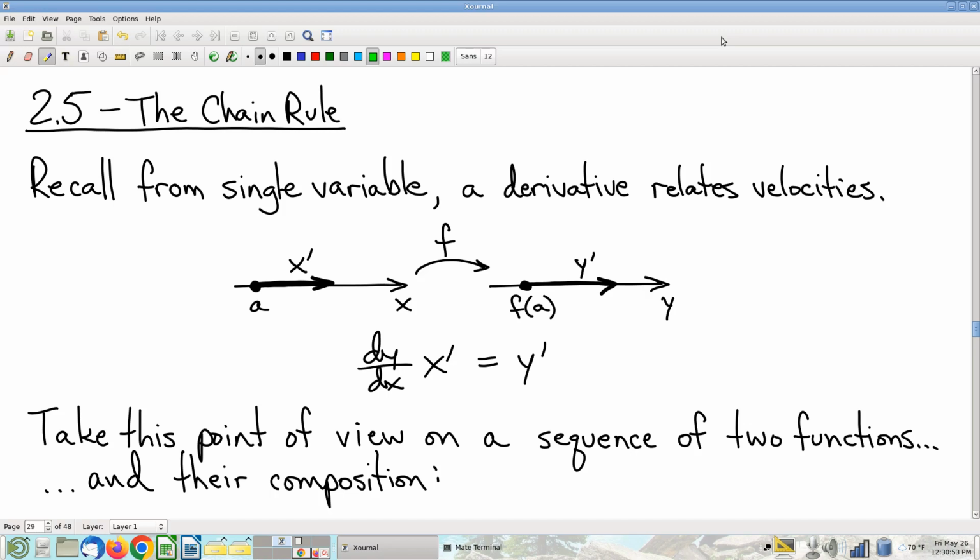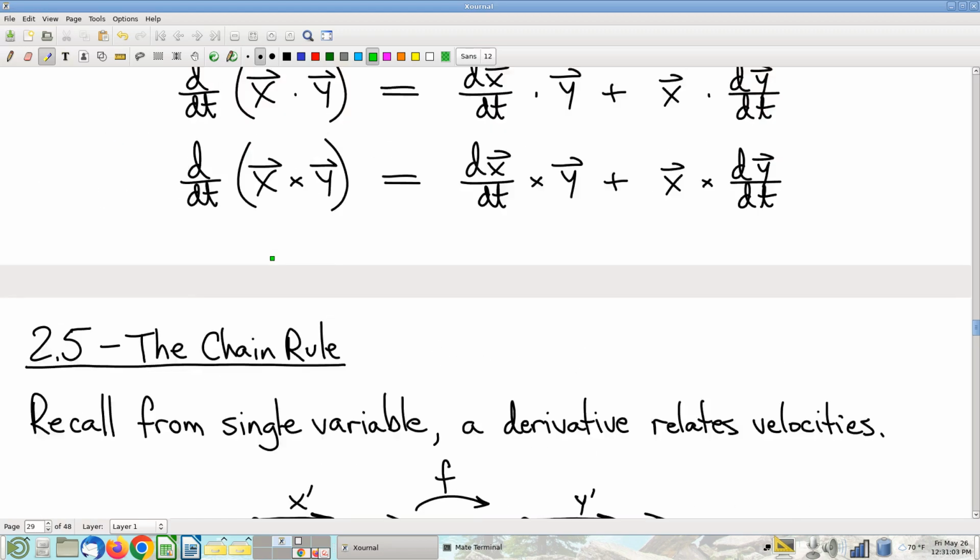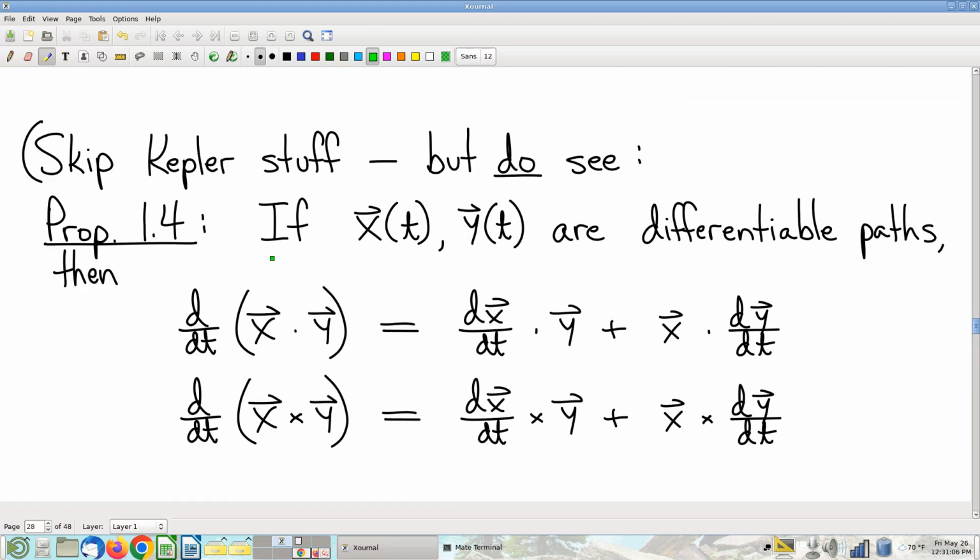Okay, so section 2.5, the chain rule. I'm going to segue into the multivariable chain rule. Oh, yeah, question. Right above this in the notes, there's a note that says skip Kepler stuff. Is that on the exam? No. The Kepler stuff is not on the exam. And by the way, this is noted on the content syllabus. You remember there are the included material and excluded material columns.